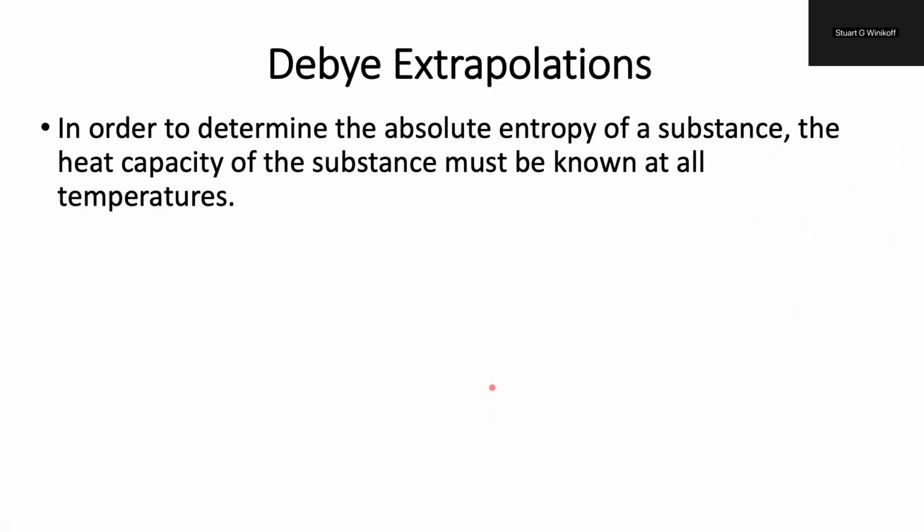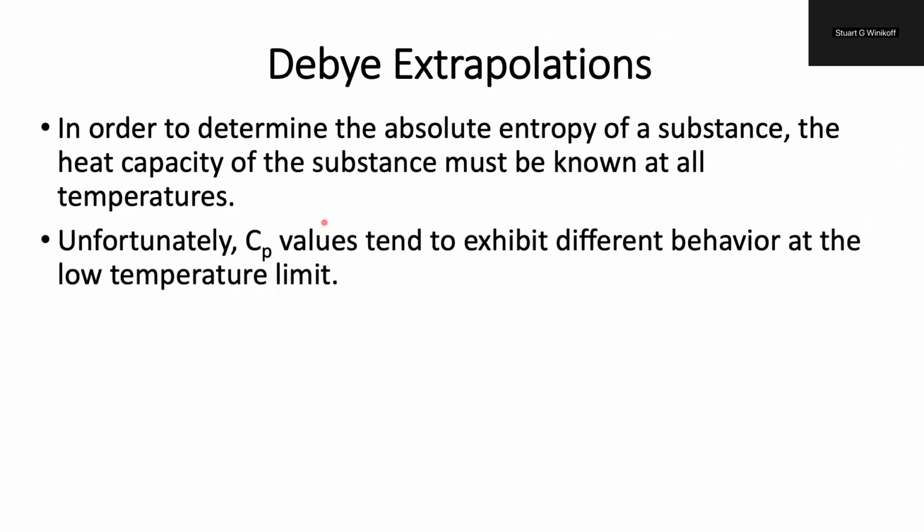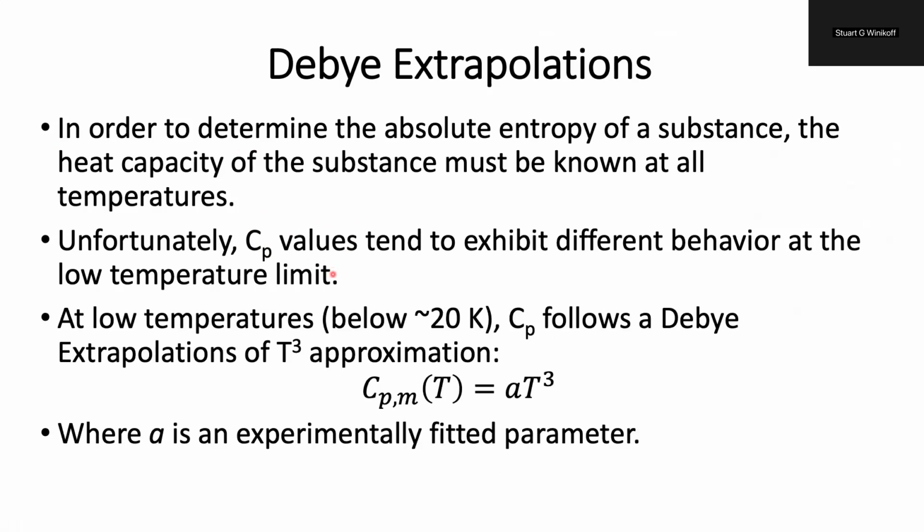But to do so, I have to know how the heat capacity will change as I go from zero all the way up to the temperature I care about. There's a slight problem in that at very low temperatures, because of quantum shenanigans, that heat capacity gets a little bit weird. And its behavior isn't necessarily what we'd expect at higher temperatures. Specifically, the threshold here is about 15 to 20 degrees, depending on the material.